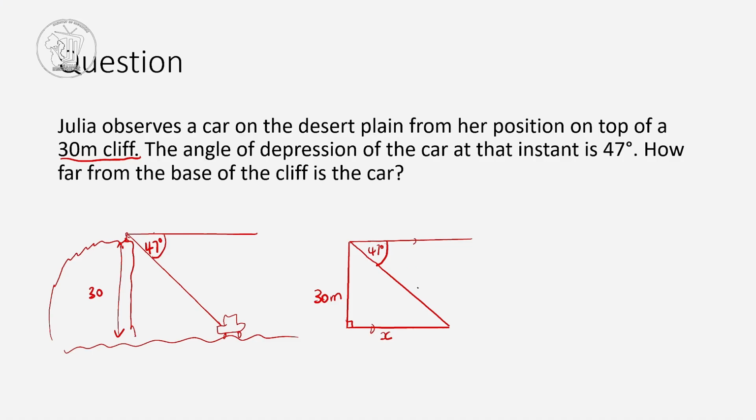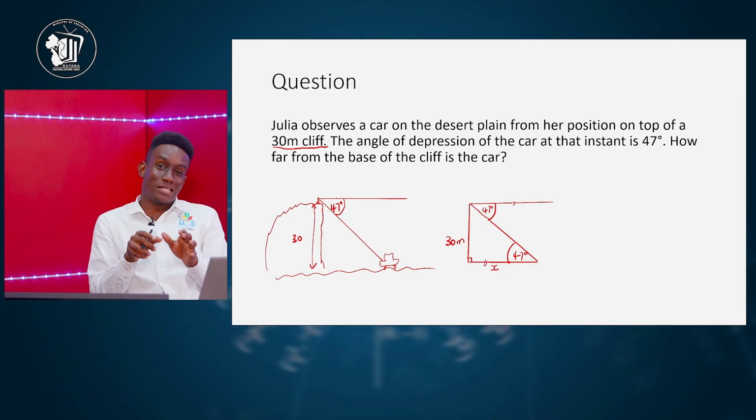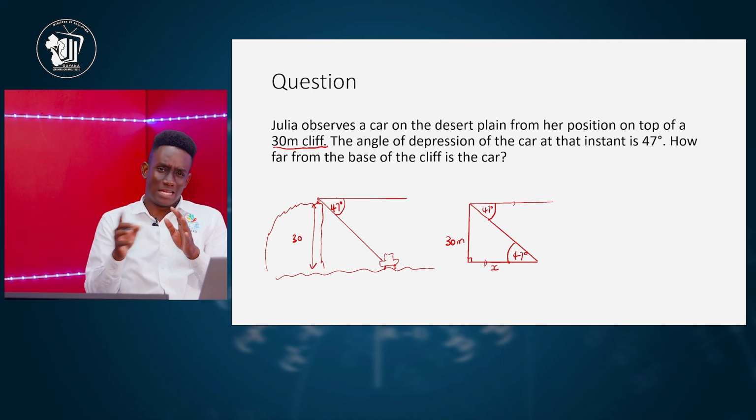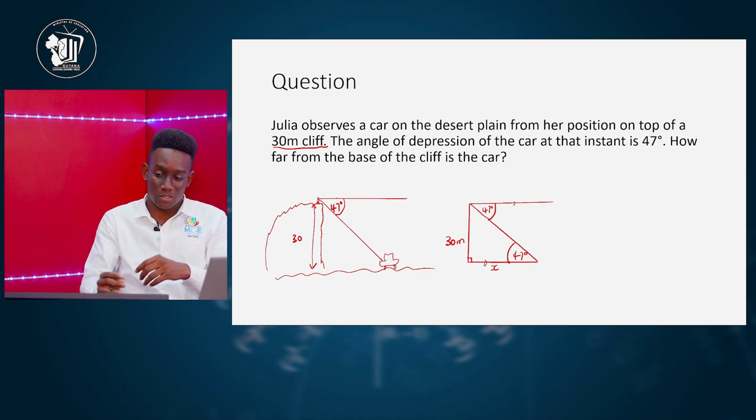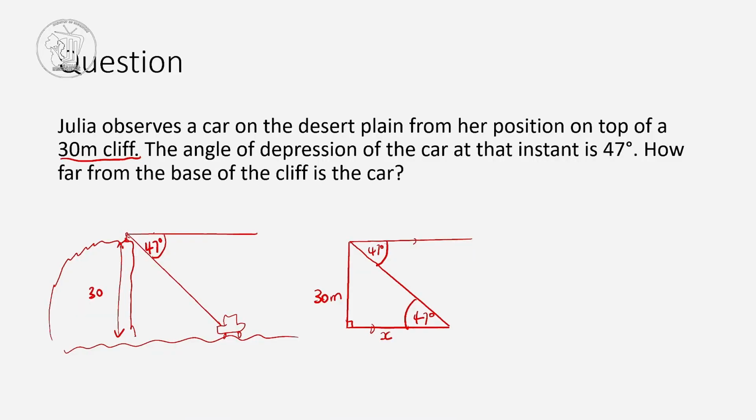If that line is parallel to that line, and we see a Z angle being formed, if this piece is 47, then of course here will also be 47 because of the alternate angles, the Z angles. Most times when you deal with angles of depression, you have to take into consideration the alternate angle, the Z angle, and that will be the one that you will use. So that is one thing you should know. Whenever you use angle of depression, you will have to use the Z angle to get the angle in the triangle, because in this case, we did not have an angle in the triangle.